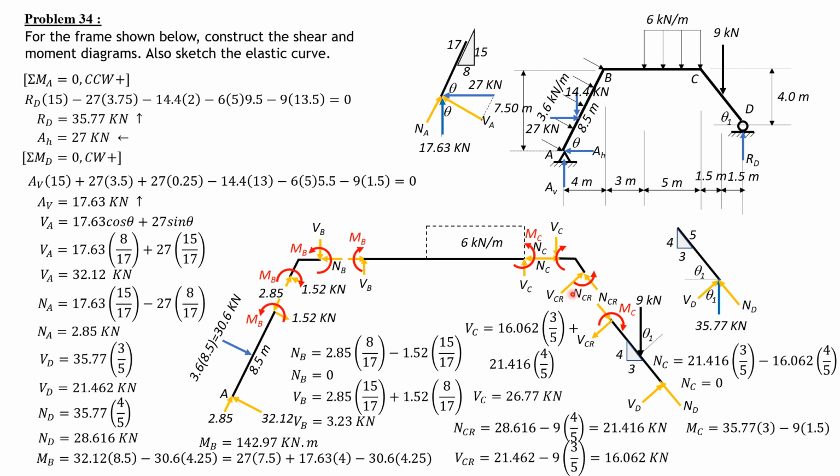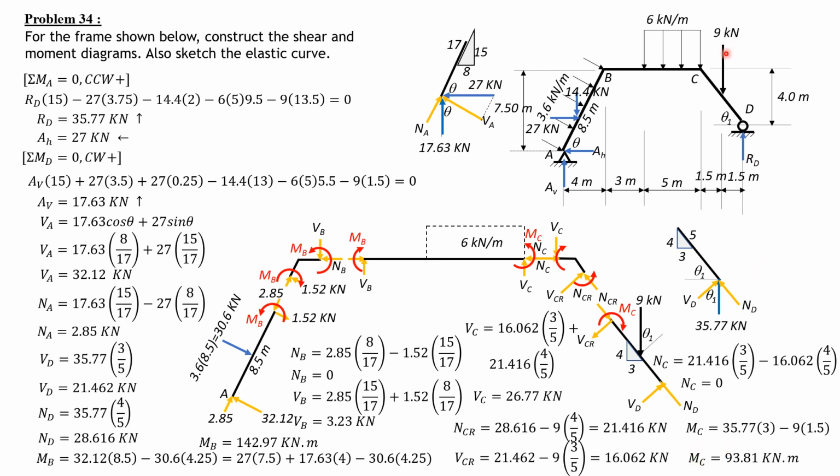Then finally, M_C is either V_D times 5 minus 9 cosine theta 1, or 9 times 3/5 times 2.5. Or the other way, it is R_D, 35.77 times 3, then minus 9 times 1.5. That's the shorter way.